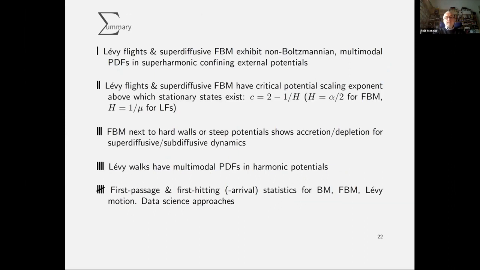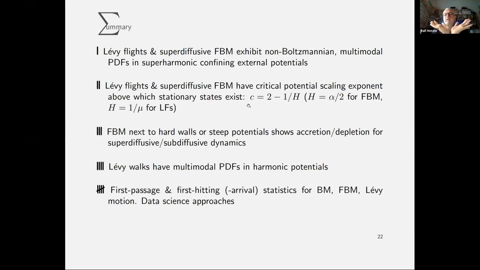So what I showed you, Levy flights and superdiffusive FBM, they have non-Boltzmann statistics. They have multimodal PDFs when we have superharmonic, steeper than harmonic confinement. When we go to the opposite case, when we have shallower than harmonic potentials, we have a critical exponent for the potential.